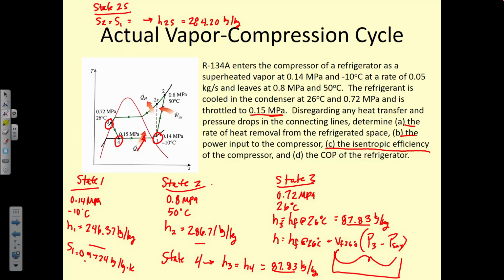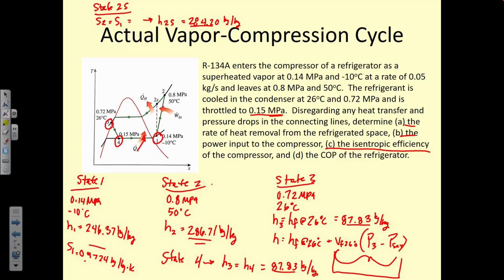So the actual H2 is 286, our isentropic H2 is 284.2. And this is another good time to do a reality check to see if the value that you calculate for your isentropic state is wildly different or much lower, then you may want to go back and recalculate a few things.